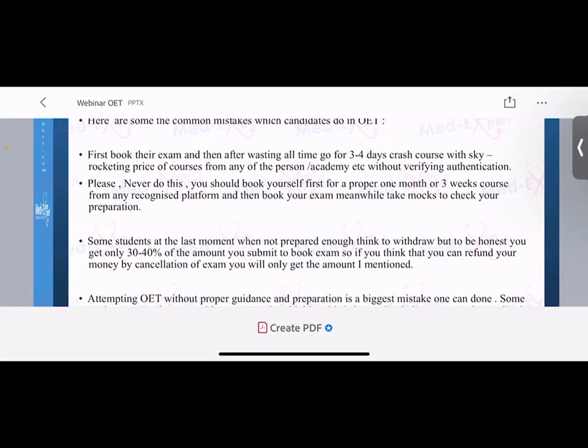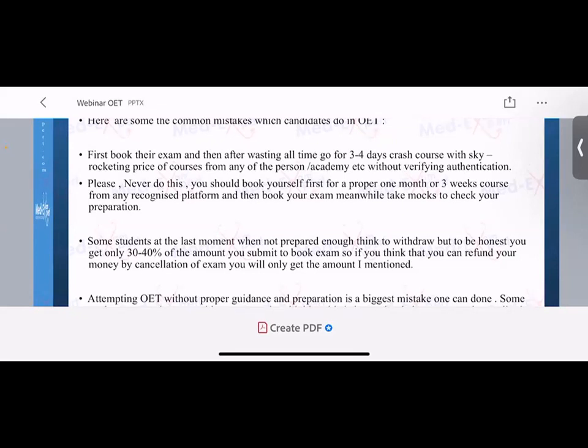And when they think that no time is left, they try to find emergency courses, like crash courses for 3 to 4 days, to ace OET. They never verify the authenticity of any academy or any person, and they give all their money to them because they want to ace their OET in the first go.